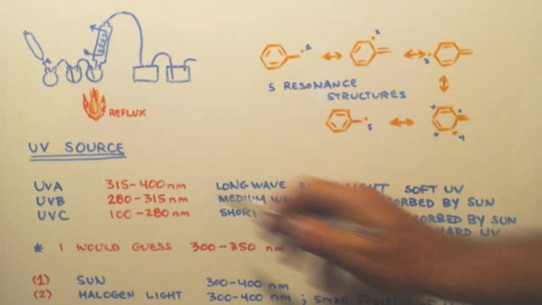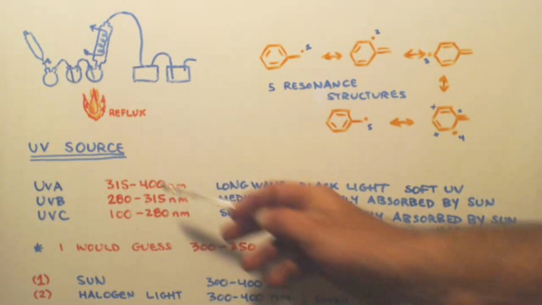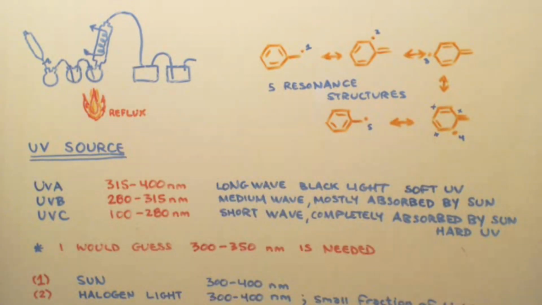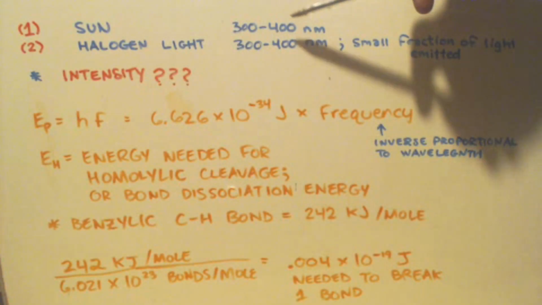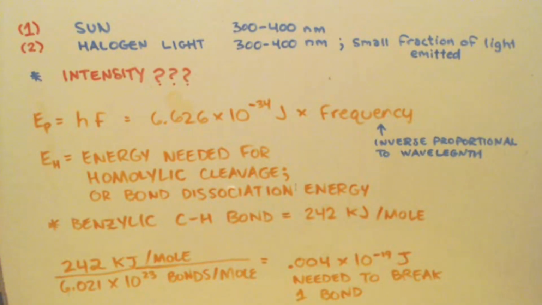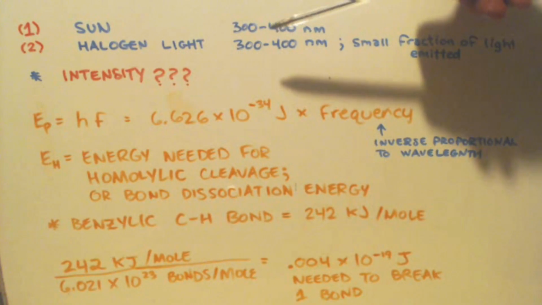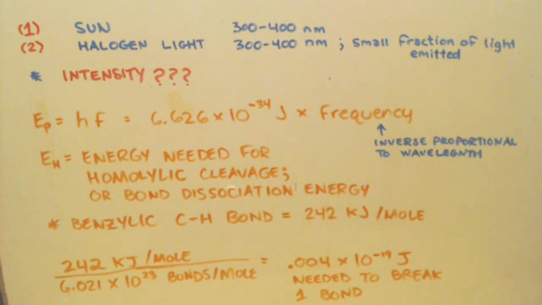You know what I mean? I mean, yeah, these are facts. I looked up what the UVA and this and that, but I'm just using logic and guessing, basically, here. So like I said, the sun is 300, 400 nanometers, which is good enough to do this reaction. I'm going to either use the sun or I'm going to use a halogen light.